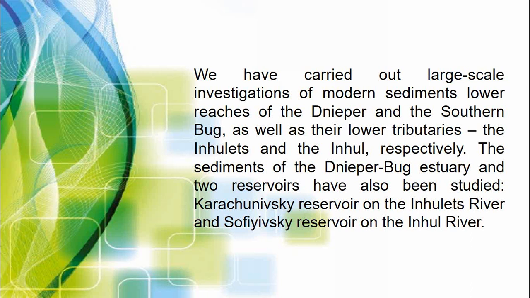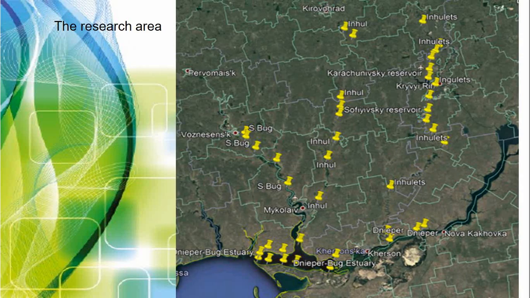The sampling points were located along profiles that crossed the investigated objects. The Dnieper River research area was the lower reaches, below the Kakhovka hydroelectric station. The research area of the Southern Bug was from 143 km above the delta, below the town of Voznesensk, to its falling into the Dnieper-Bug Estuary.